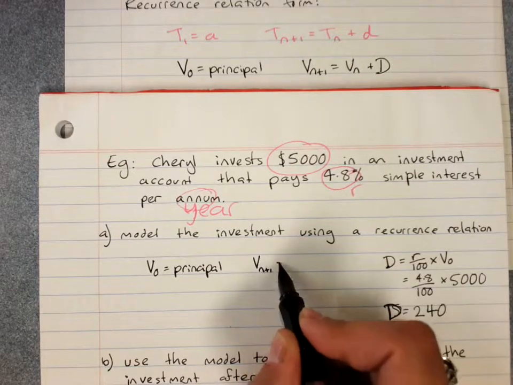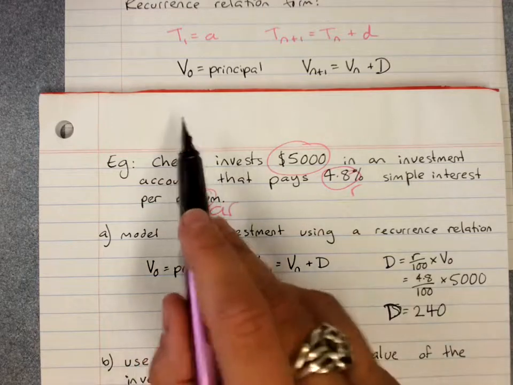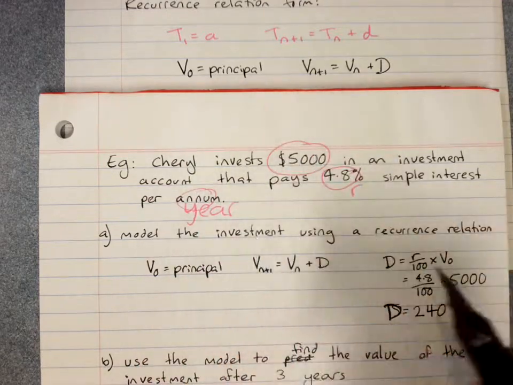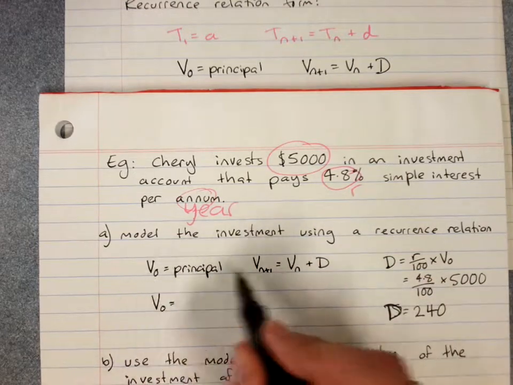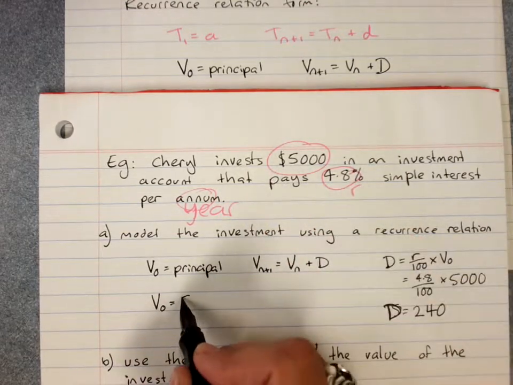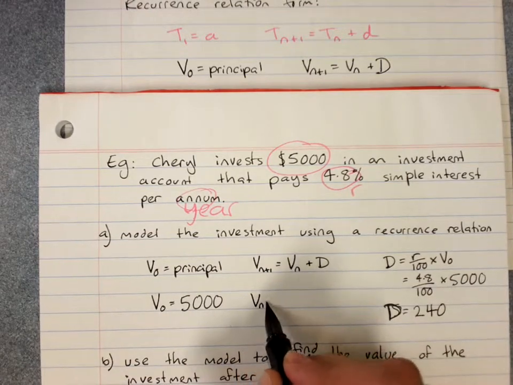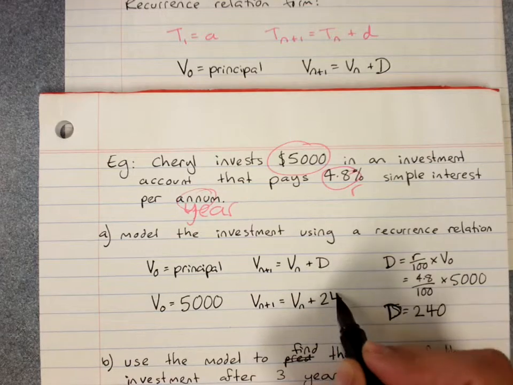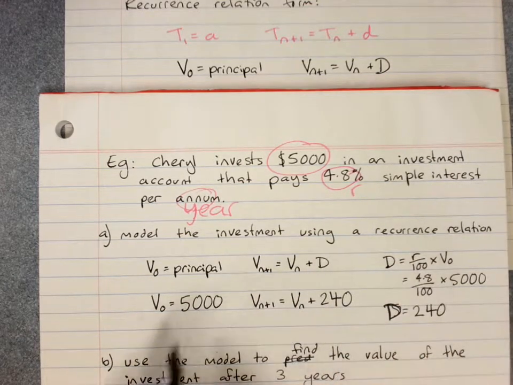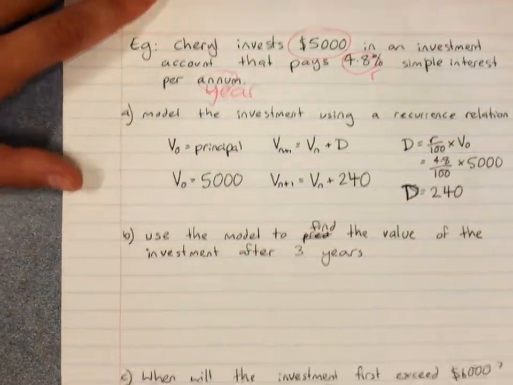Vn plus 1 is Vn plus D. So write the general form of the rule, then write the form for this problem. It's like a formula and your actual substituted values. Principal is 5,000, Vn plus 1 is Vn plus 240. That's it. That is our recurrence relationship.